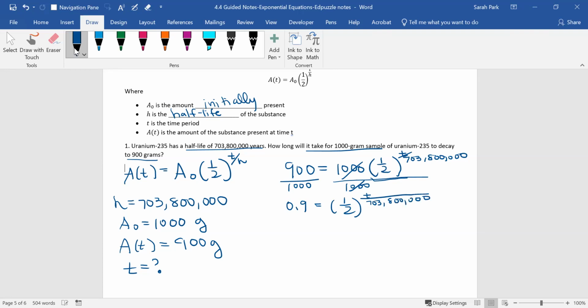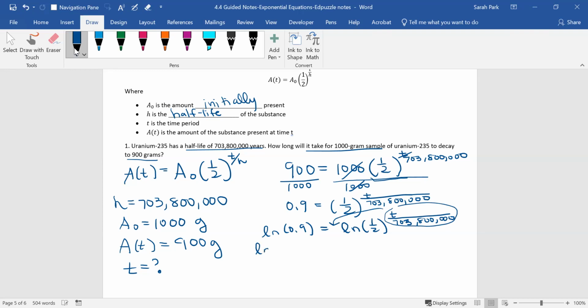703,800,000. Okay, now we're going to take the ln of both sides. So we do ln of 0.9 and ln of 1/2. It's getting a little tedious writing all these numbers out with 703,800,000. And now, because there's an ln, we can use the power rule to bring that expression down.